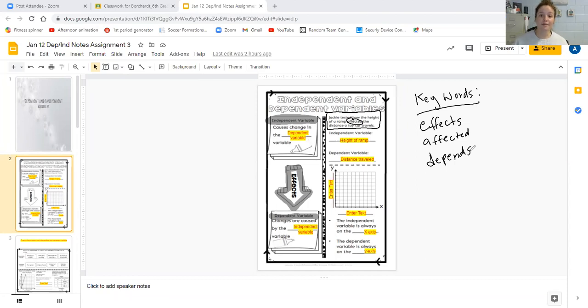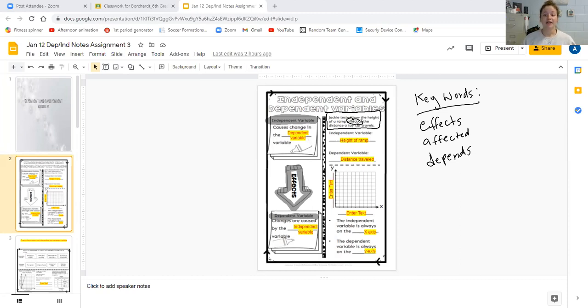When we are talking about relationships between independent and dependent variables, you'll see a bunch of these keywords. In this one, we have the word affected. Jackie tested how the height of the ramp affects the distance of the toy car. Which one's going to stay the same no matter what? The height of the ramp or the distance the toy car goes? The height of the ramp.